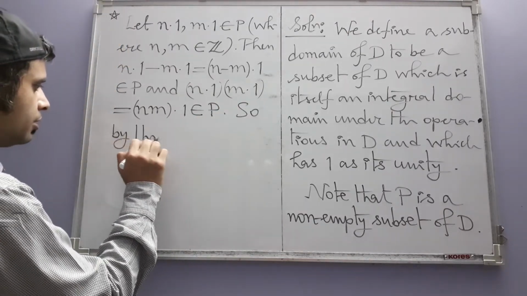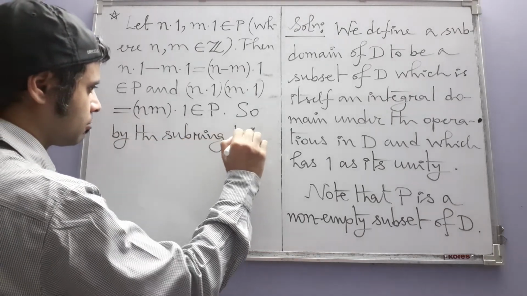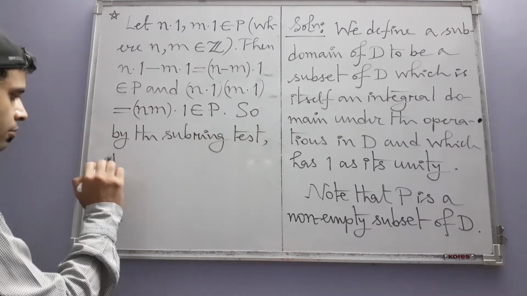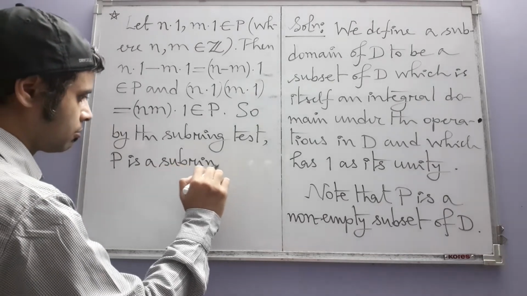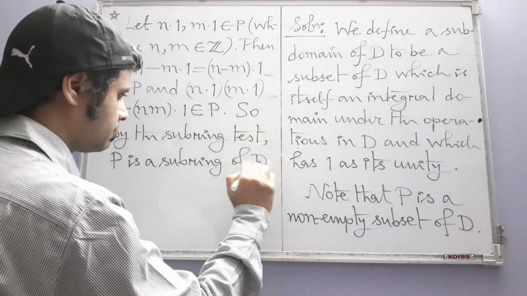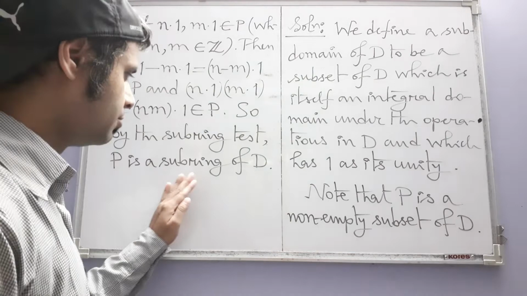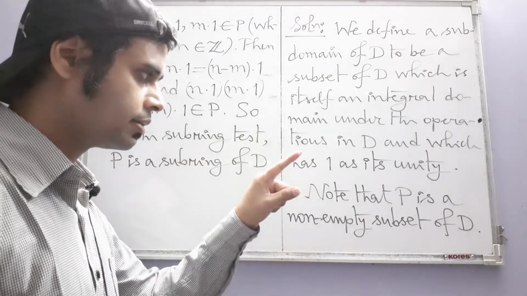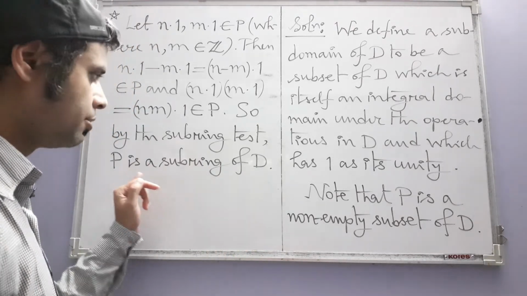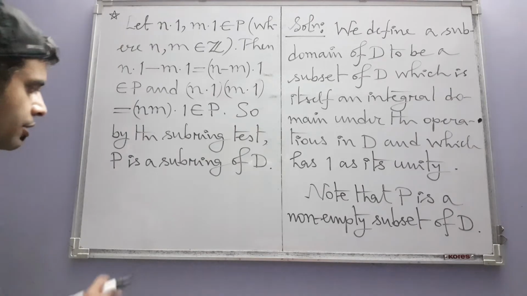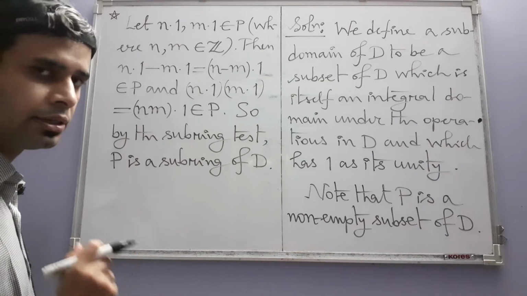So by the subring test, P is a subring of D. Okay, now because P is a subring of D and D being an integral domain lacks zero divisors, so there cannot be any zero divisor in P as well, because otherwise that zero divisor would be a zero divisor in D, contradicting its integral domain nature.